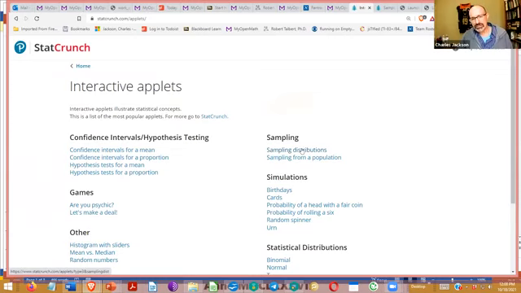So maybe you're following along with this, and you're opening a browser tab for StatCrunch if you have StatCrunch. So this is not everyone. So the person that shares ideally will be someone who has StatCrunch. Sampling distributions.